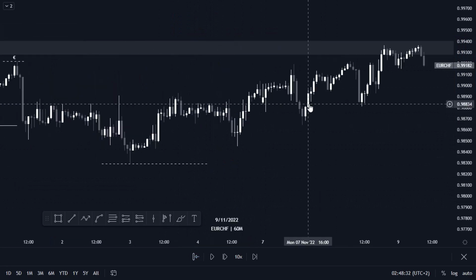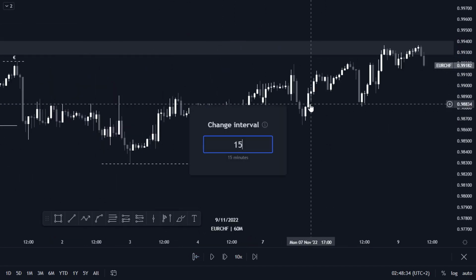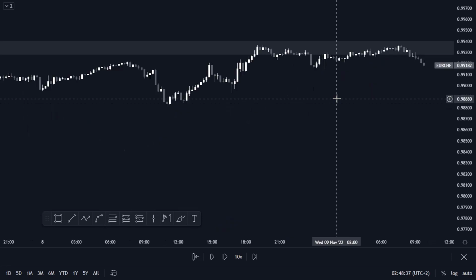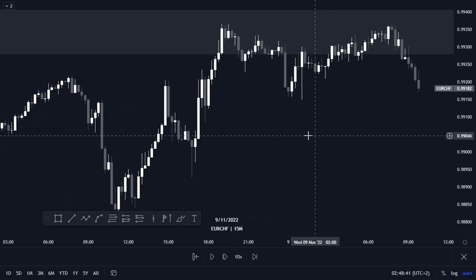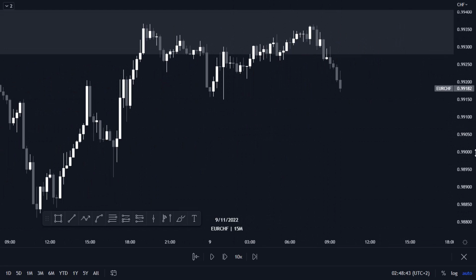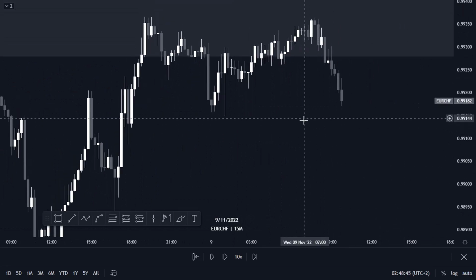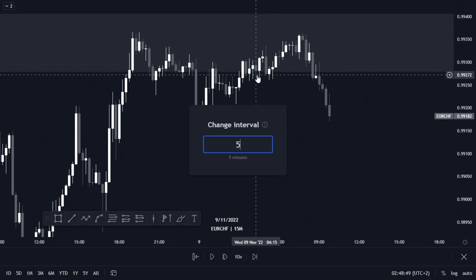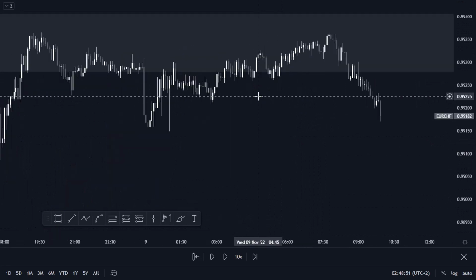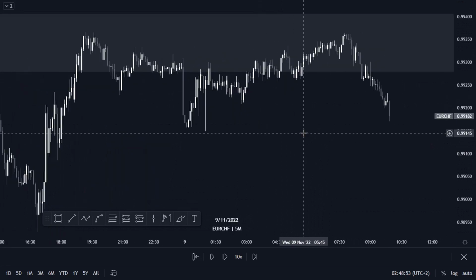So let's see if EURCHF gave us confirmation entries here. Let's move to the 5-minute chart and see what we have.